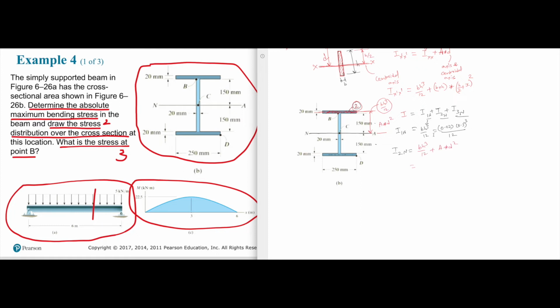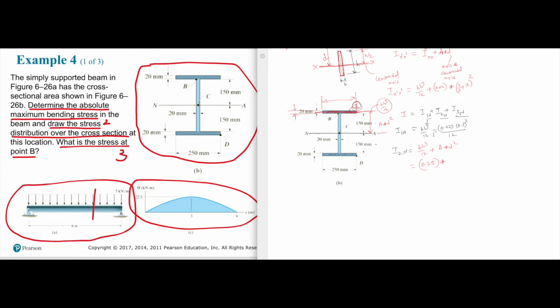What is b with respect to this axis? b will be this. And how much is that? 250. So it's going to be 0.25 meter. h cube, what is the height? This is the height. Always, like I said, height is always perpendicular to the centroidal axis. So in this case, it's going to be 20 mm.